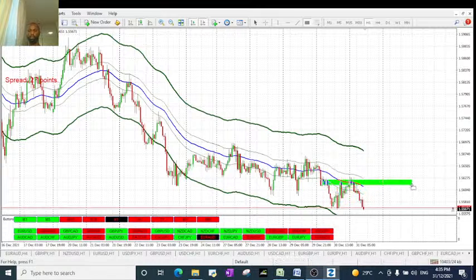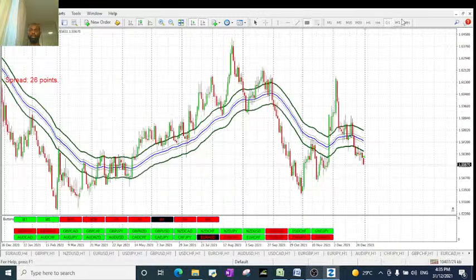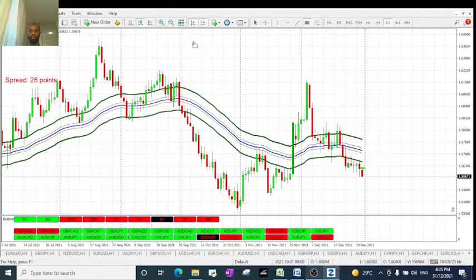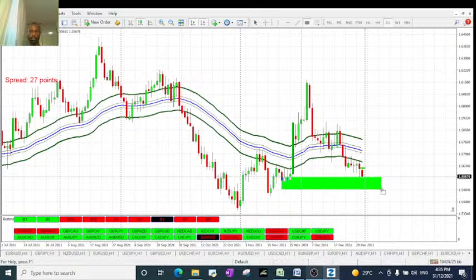Euro Australian dollar, I think, is in a strong zone. Just about to hit a strong zone right here. So if you are taking sells, you have to be extremely careful right here.